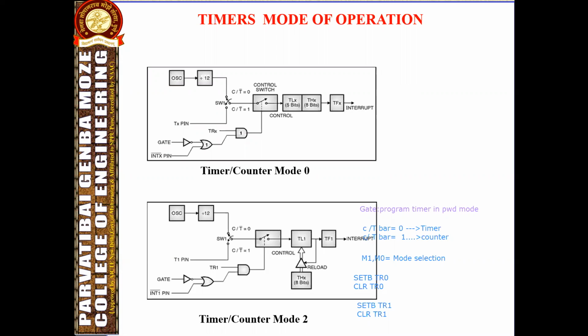The value counting from 0000H to FFFFH can be loaded in the timer register. Mode 1 is a 16-bit timer, as the biggest count that can be stored in the timer register is FFFFH. Mode 2 is an 8-bit timer, hence the maximum count that can be stored in the timer register is only FFH.